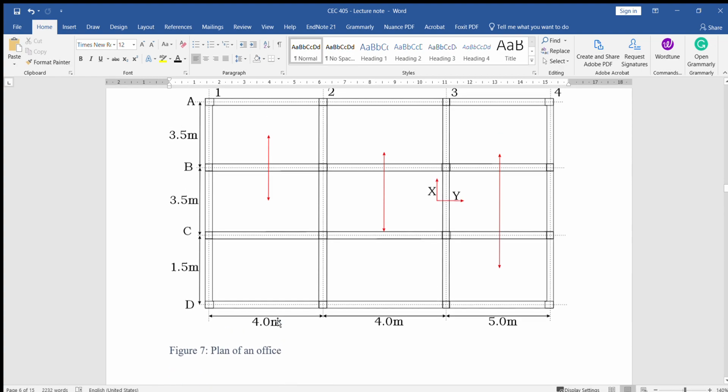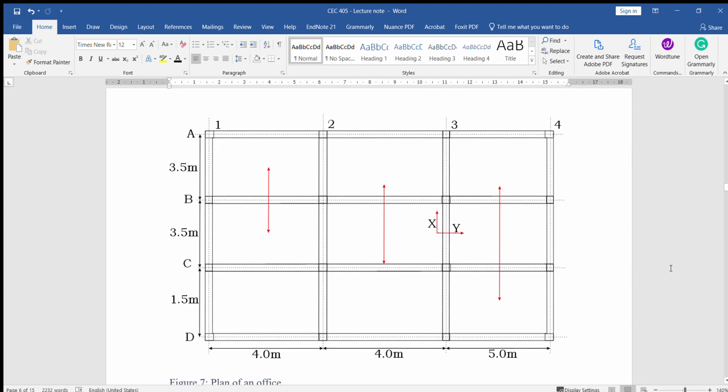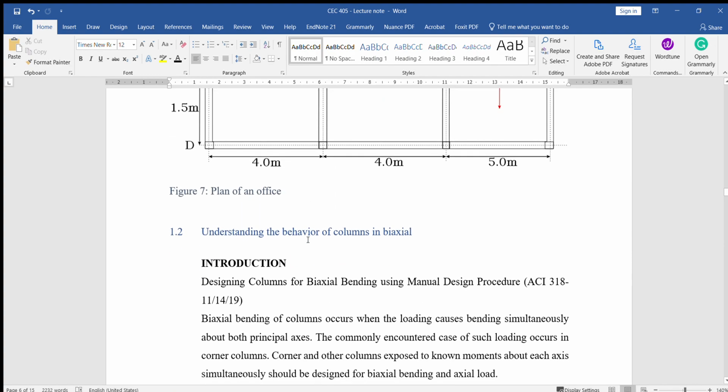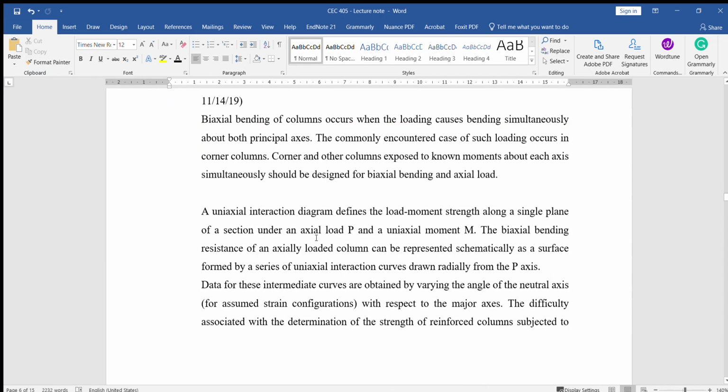If there's any question, let me know. So you read more on this. This is the spanning, this is the x and y direction. For the spanning here and here, you can see the span is 3.5 meters here, while this one is 4 meters. So I want it treated.